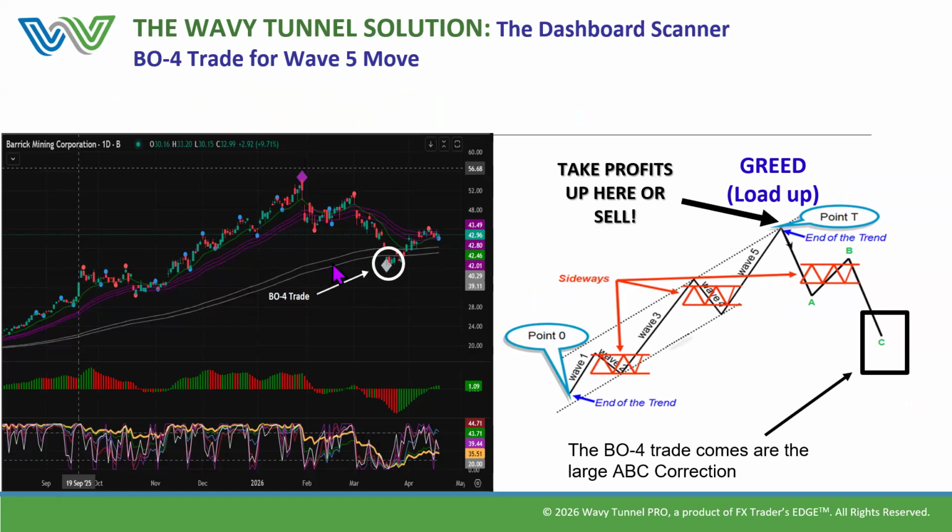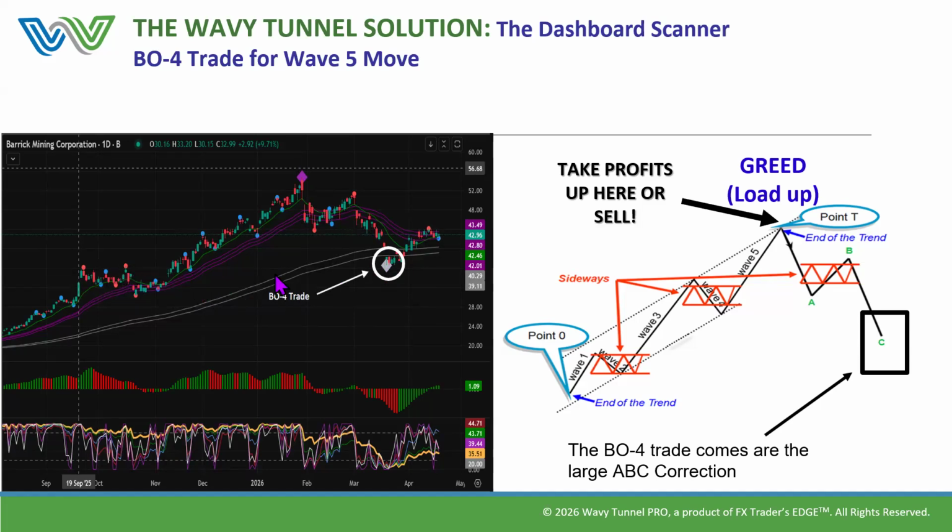This is the wave, this is the tunnel. The green line is the 12 EMA, called the filter line. This is what we're looking for, a beautiful ABC correction from the market peak. If we look left, we see that it falls in nicely with the price action, the consolidation over here.